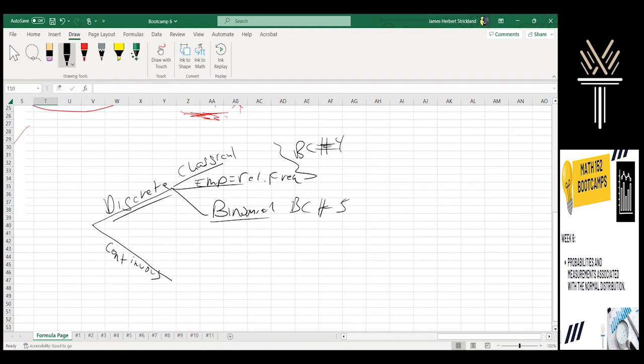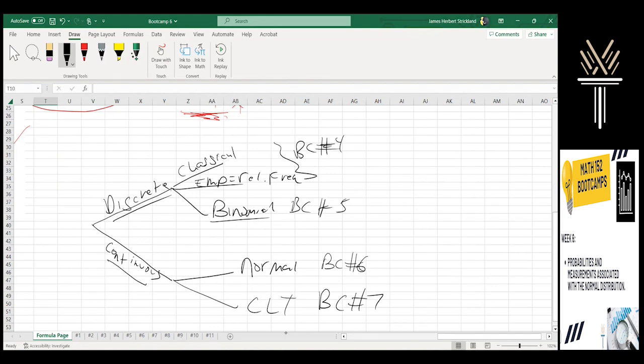And now, of course, today we're going to focus on what happens if the data is continuous. And we call that for now normal. You'll find out for test 3, there's other kinds. And so we have normal, which is today's boot camp. And then there's actually another special case that we call CLT, and that will be boot camp number 7.